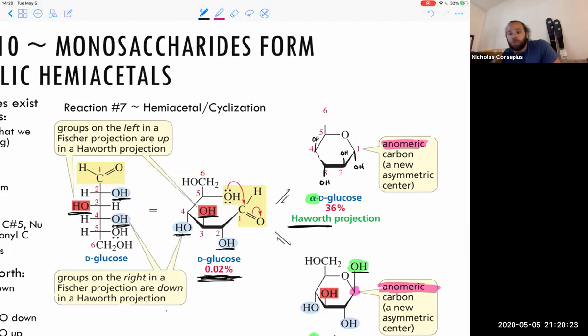So even though it's only in this straight chain form 0.02% of the time, if I throw this sugar into basic solution, that 0.02% will react. And it'll be taken out of the pot, right? So it's just important to remember that even though these numbers do say something, they're really a picture of a freeze in time. You're always jumping back and forth between these forms.